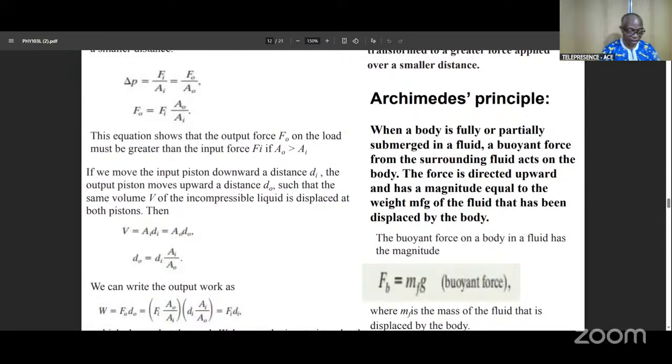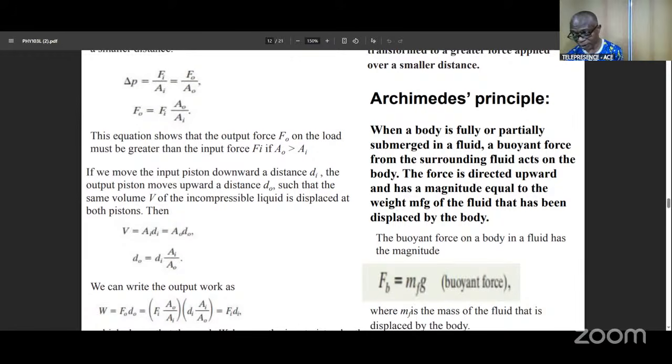And of course, like I said, we know Archimedes principle. Then the same thing is also possible when we have cargo planes that can actually carry big consignments.